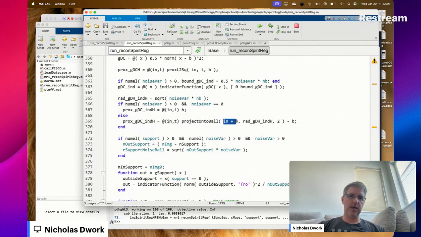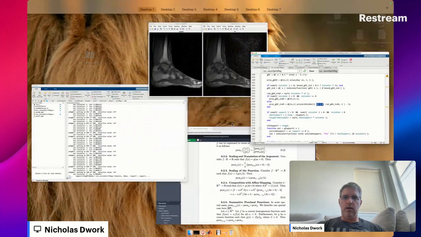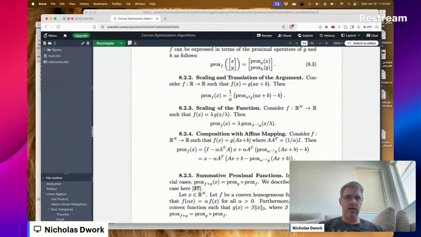So this projects onto B, onto a ball centered at B. This shouldn't be tough.